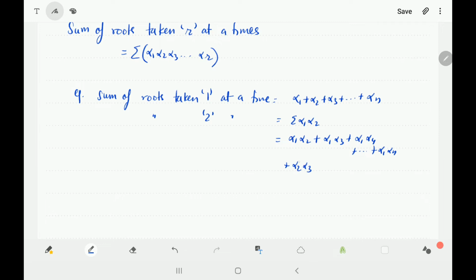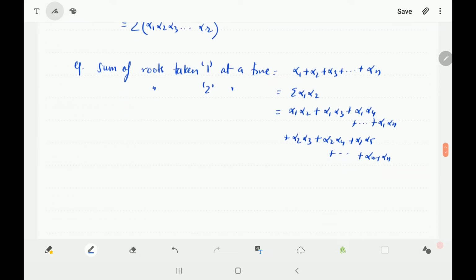Don't write alpha 2 alpha 1. The pair should be distinct. Don't write a pair which you have already written once again. Then alpha 2 alpha 4, alpha 2 alpha 5, and so on till the last pair, which is alpha n minus 1 alpha n. So I hope you are clear on this term, sum of roots taken r at a time.